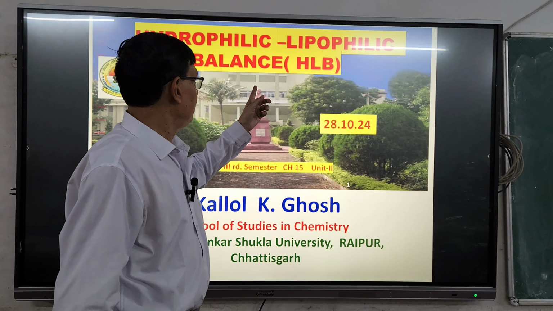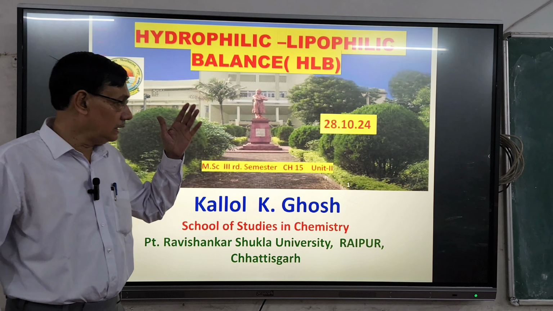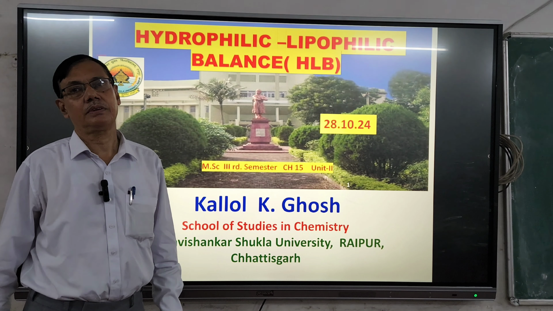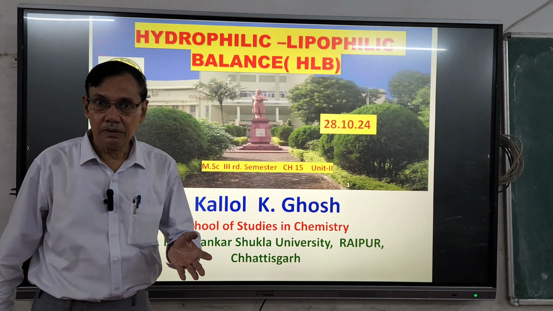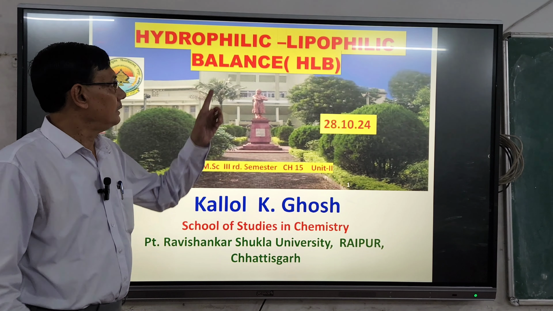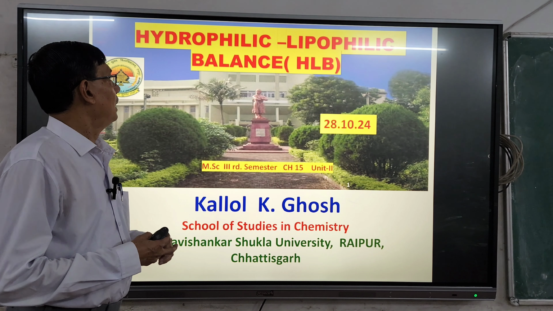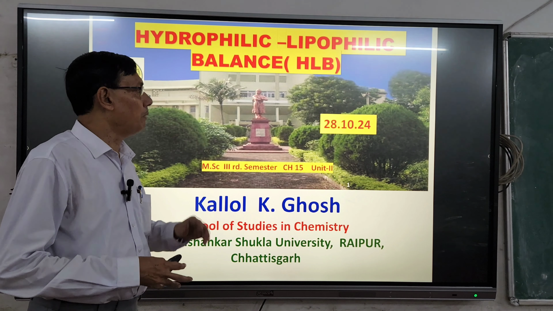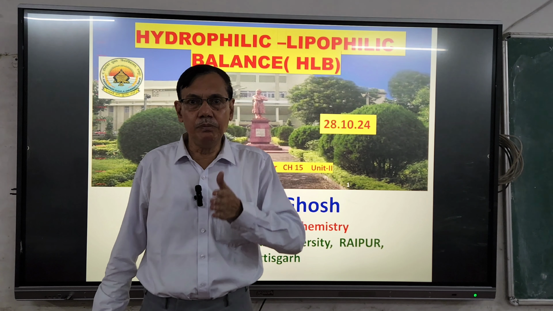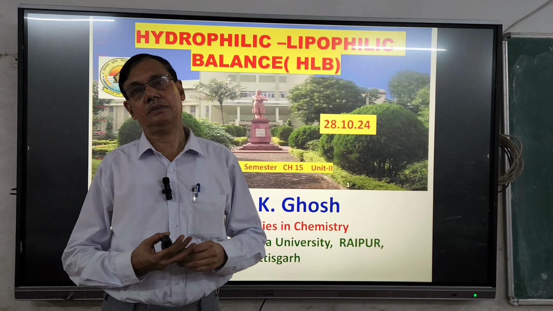But one of the most important properties, which is related to the application of the surfactant or emulsifier, and is also one of the most important driving forces, is sometimes called hydrophilic lipophilic balance, or sometimes the HLB scale, or HLB parameters.